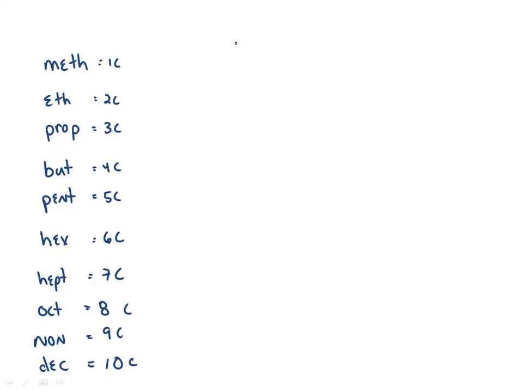And so if I wanted to write, for instance, decane, that A-N-E simply says there's 10 carbons in a row, so I go 1, 2, 3, 4, 5, 6, 7, 8, 9, 10.